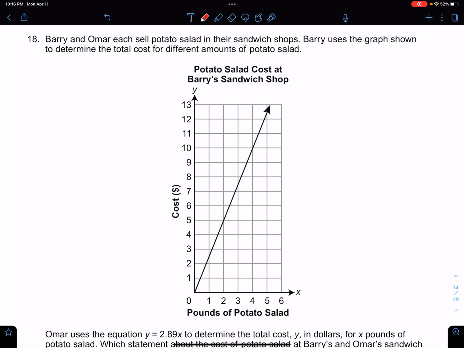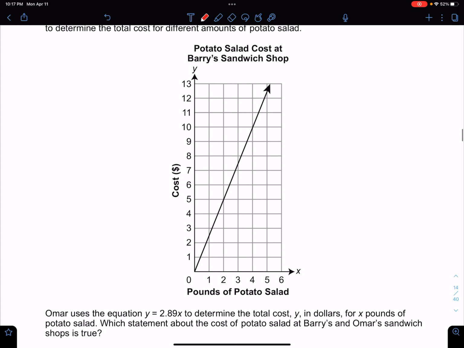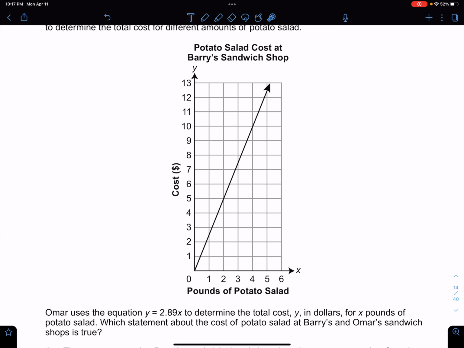Question 18 says Barry and Omar are each selling potato salad in their sandwich shops. I'm not a fan of potato salad, but to each their own. Barry uses the graph shown to determine the total cost for different amounts of potato salad. Here's his graph. For every pound of potato salad that he sells, this is how much money he's making in dollars. For example, when he sells 1 pound, he has that much money.